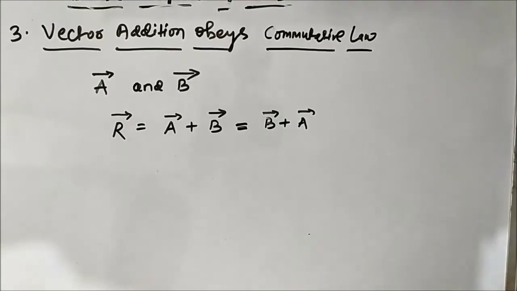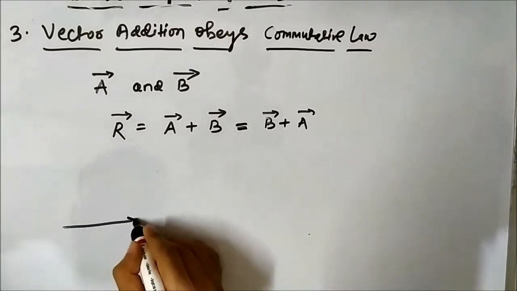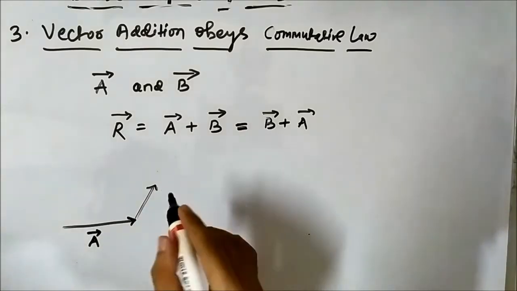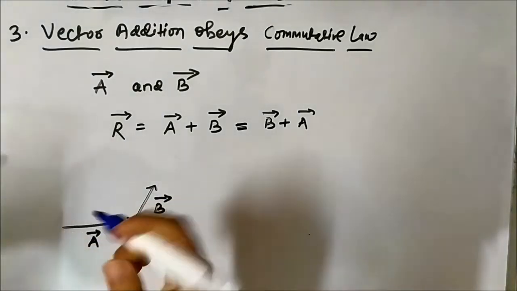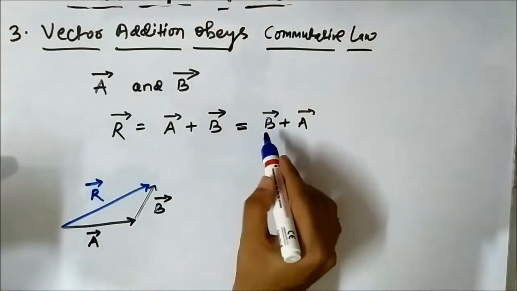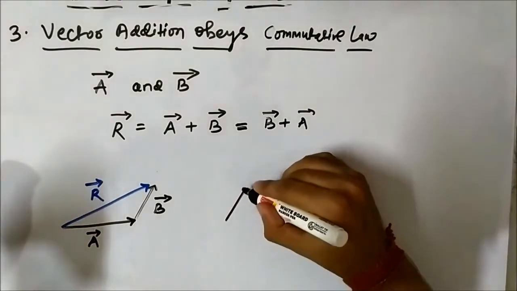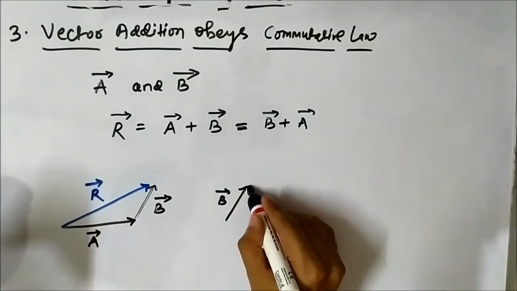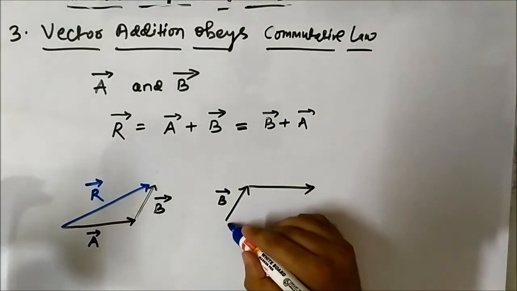So what we are trying to say is, let us say we have two vectors. First this a vector and then b vector. We will get the resultant r. Then if we first take b vector, and then add a vector, also we will get the same r.